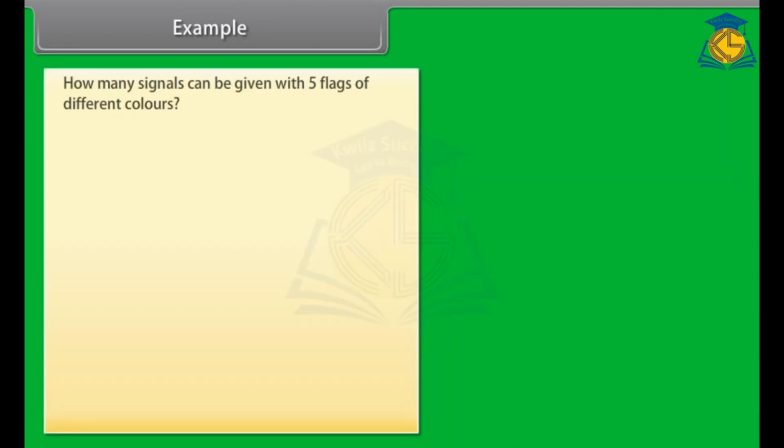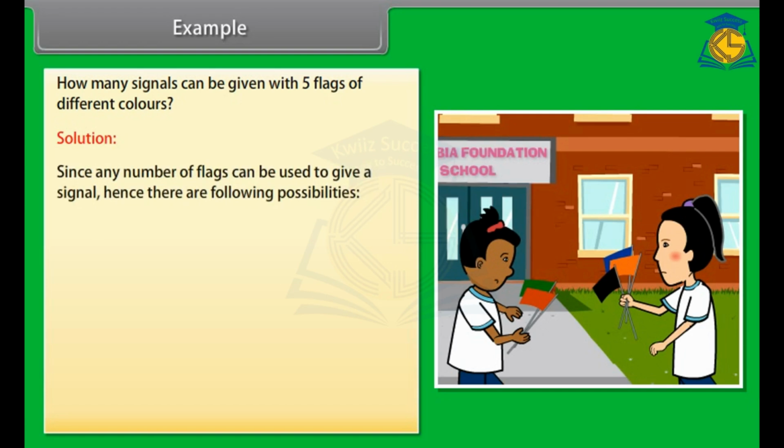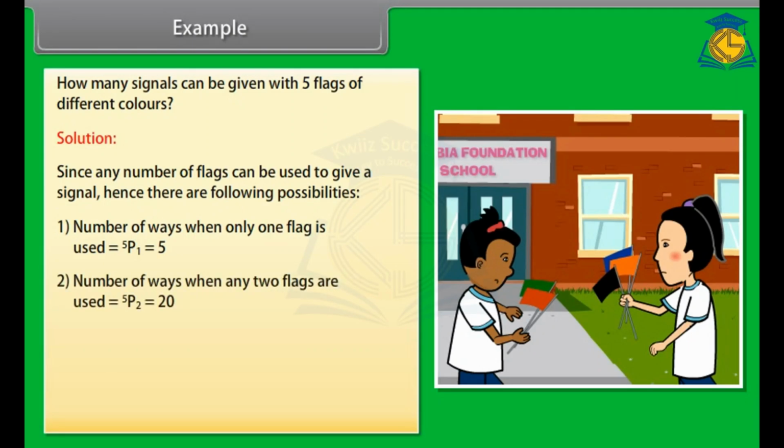648. How many signals can be given with 5 flags of different colors? Solution. Since any number of flags can be used to give a signal, hence there are following possibilities. 1. Number of ways when only one flag is used is equal to 5P1 is equal to 5. 2. Number of ways when any 2 flags are used is equal to 5P2 is equal to 20. 3.